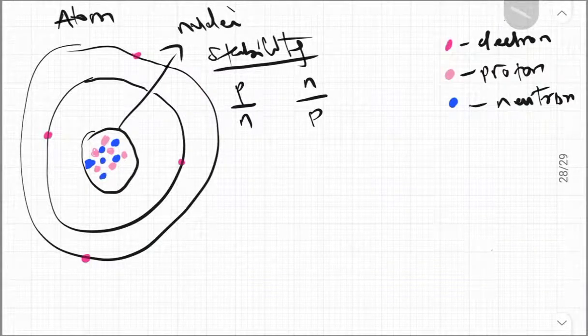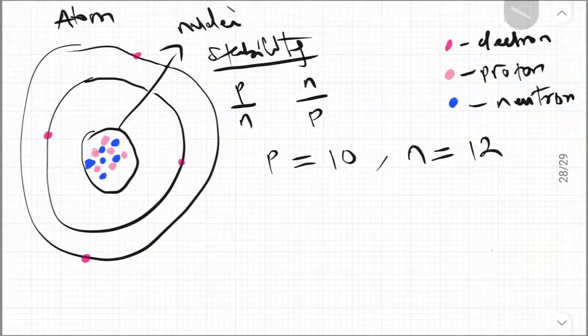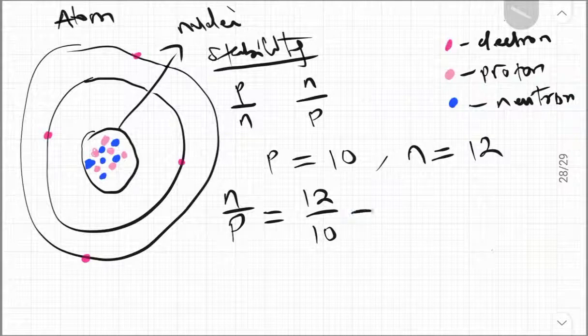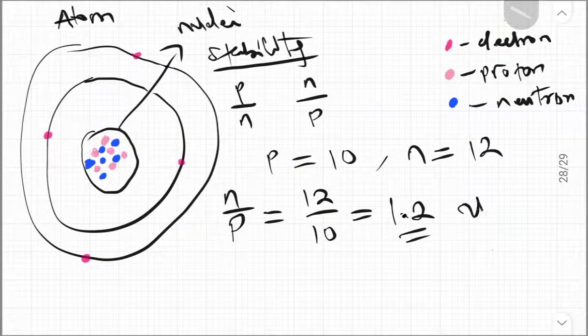Okay, now let's assume we have an atom with 10 protons, and the neutron number is let's say 12. Now, if you look at the neutron proton ratio, that would be 12 over 10. So we will have 1.2, and this atom is going to be unstable.